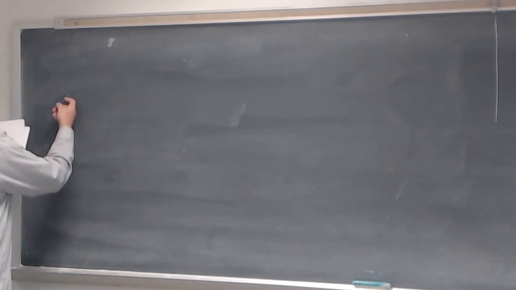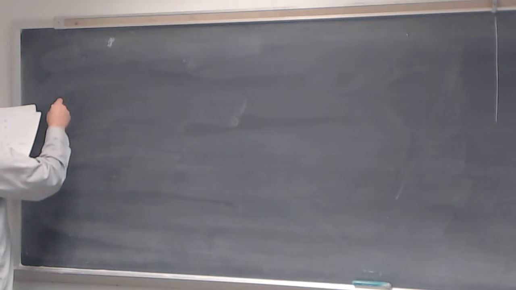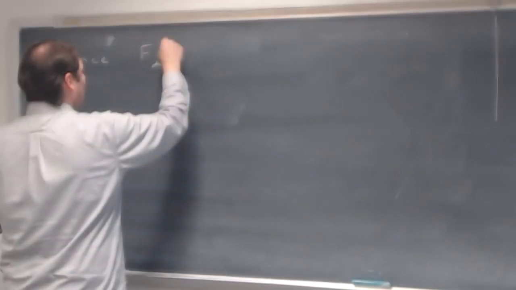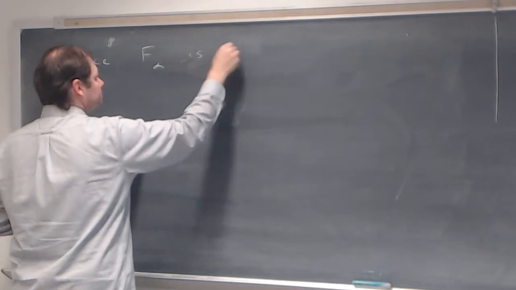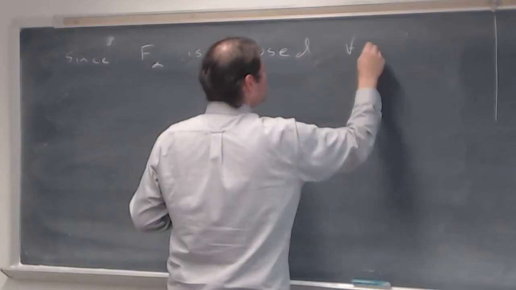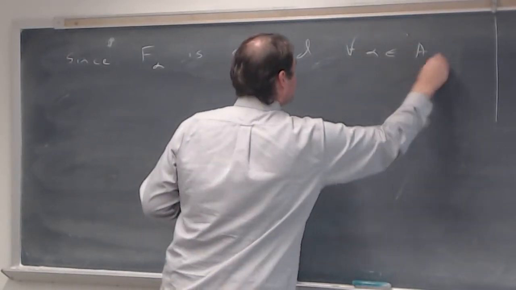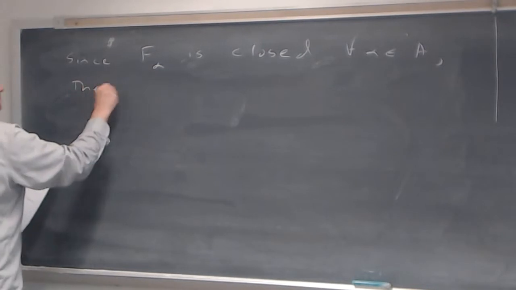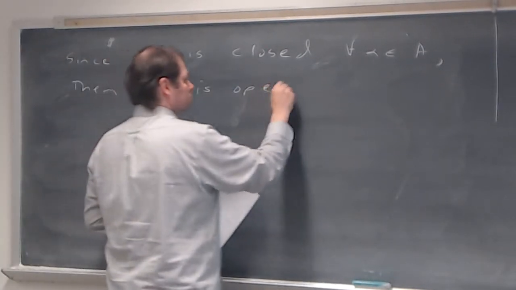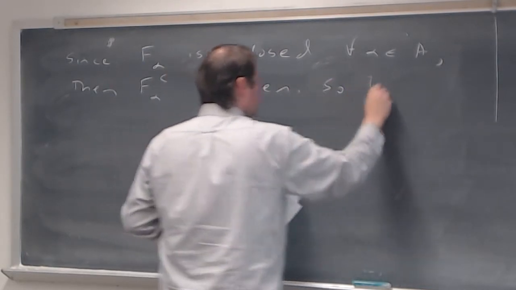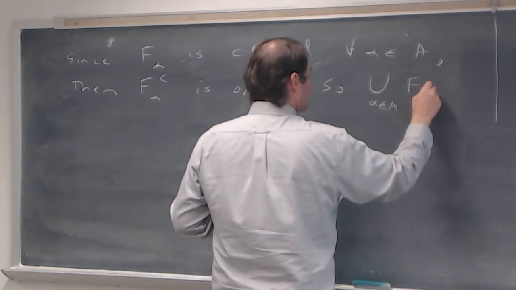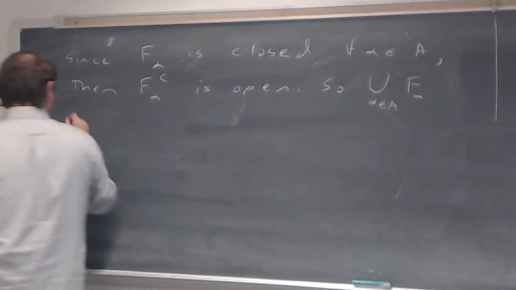So, since F sub alpha is closed for every alpha element of A, then F sub alpha complement is open. So the union over all alphas in A of F sub alpha complement, that's open by part A.